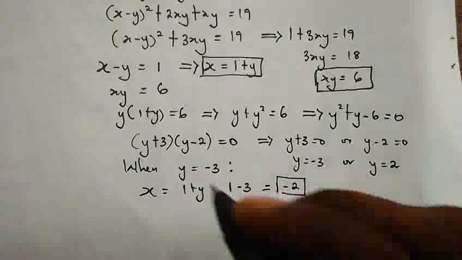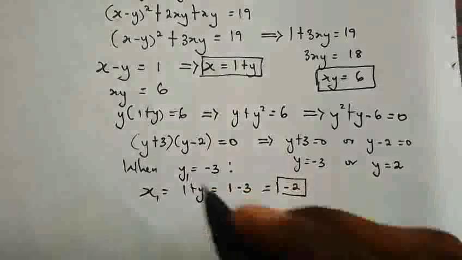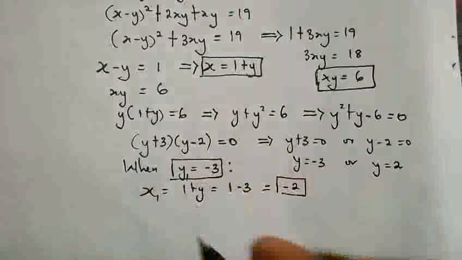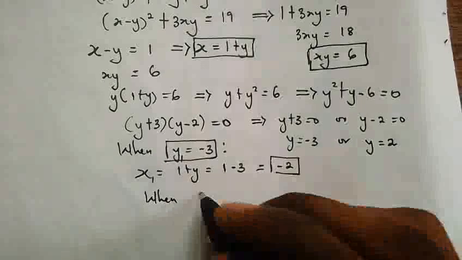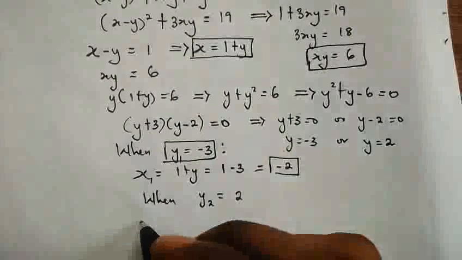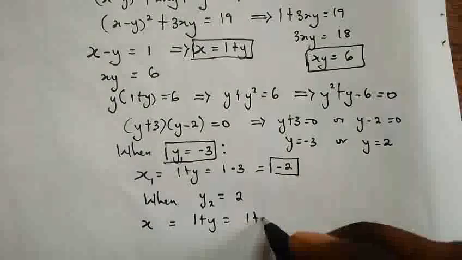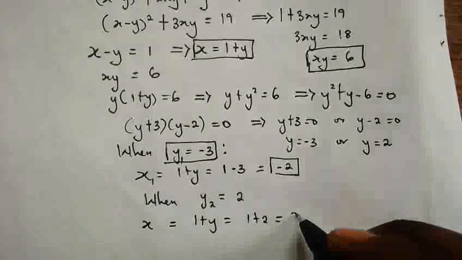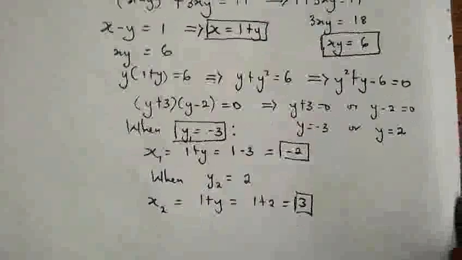So this is x1 and this is y1. Again, when y2 is equal to 2, then x is equal to 1 plus y, which is 1 plus 2, and this is equal to 3, and this is x2.